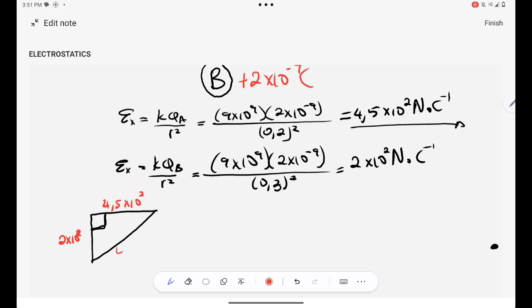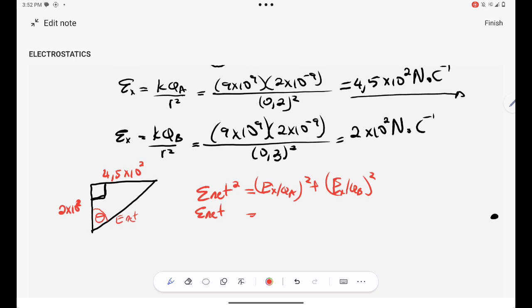I want to find my E net. I have a right angle triangle. If that's my theta over there, I have both the adjacent and the opposite. I'm only looking for the hypotenuse. That means E net squared will be equal to the electric field at point X due to charge A squared plus the electric field at point X due to charge B squared.